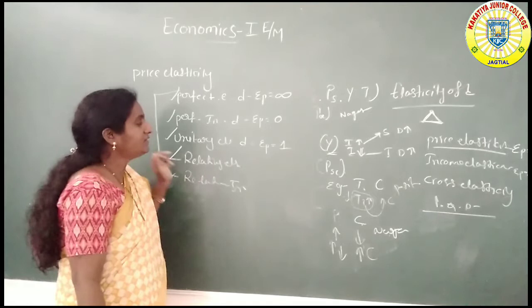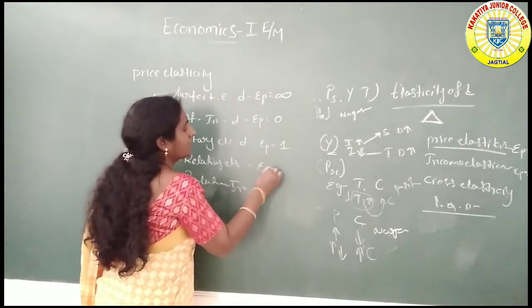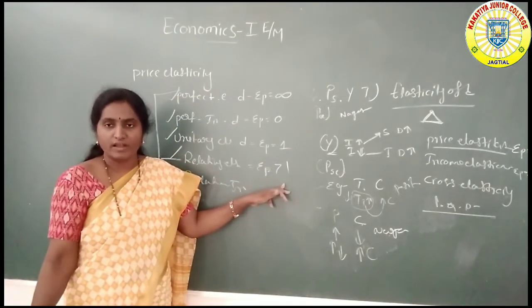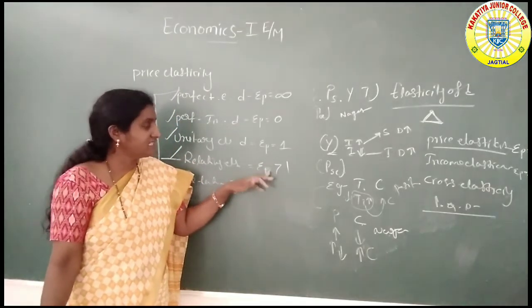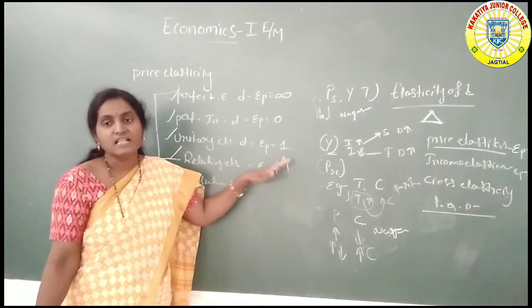And relatively elastic demand means EP is greater than 1. Sorry, not less than 1, greater than 1. It means the percentage change in the quantity demanded is high while the percentage change in the price is less.